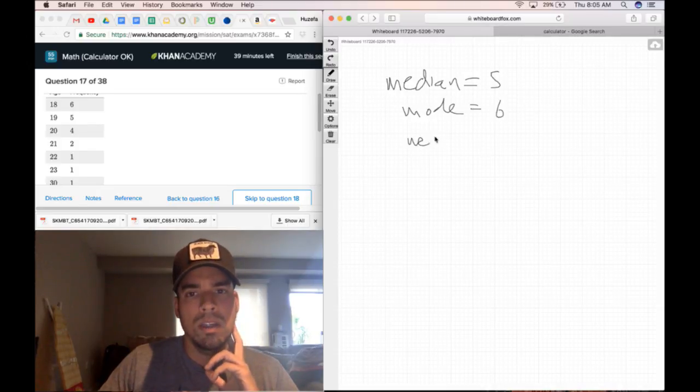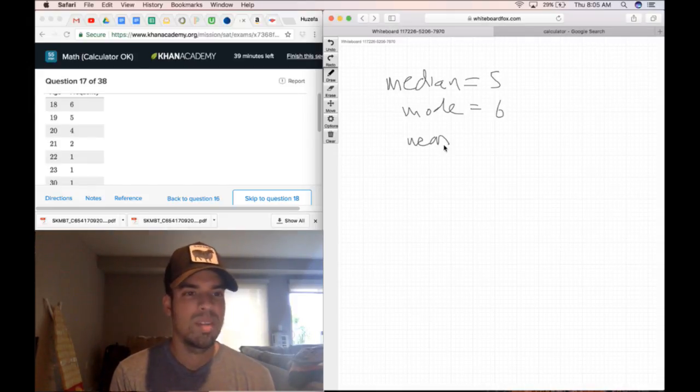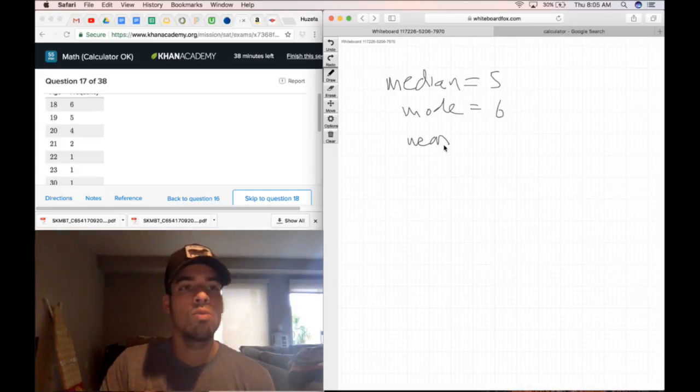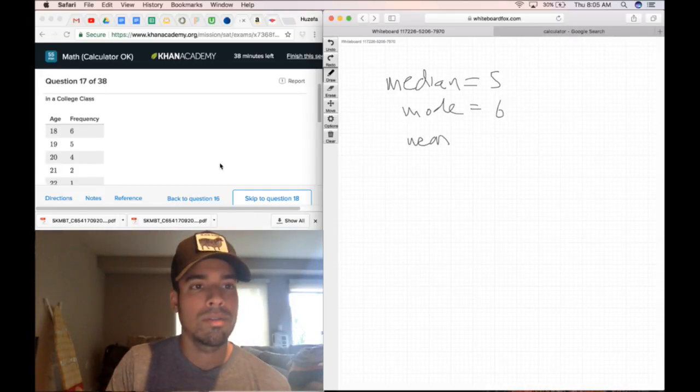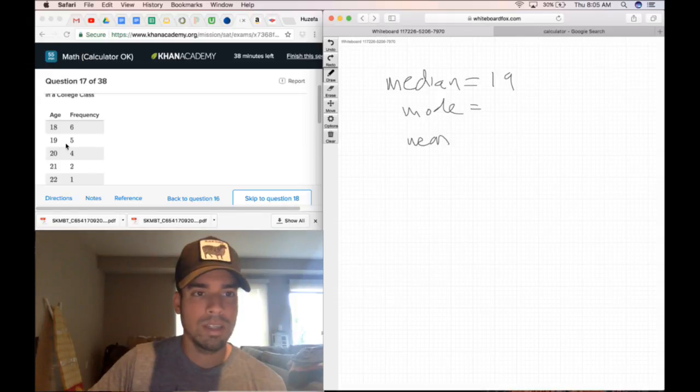And then the mean is, let's see, the mean is going to be on the lower side, because, no, I'm sorry. Oh, what am I doing? I chose the frequency, not the, sorry, the median is 19, that's what I meant. The median is 19, because it's going to be at the 19.